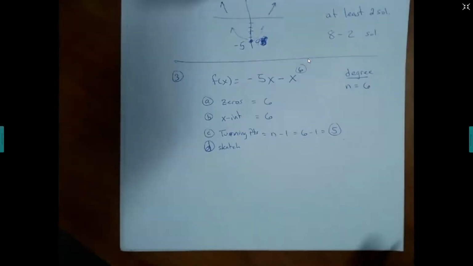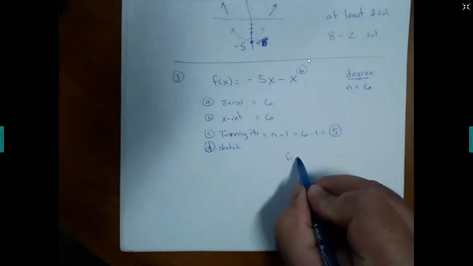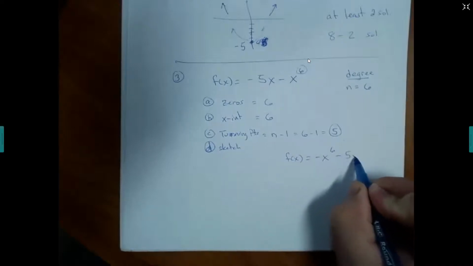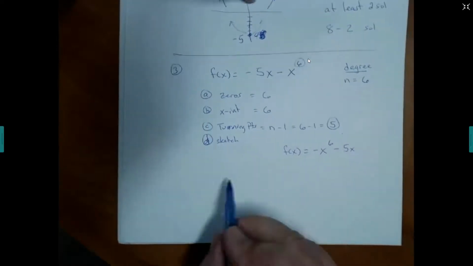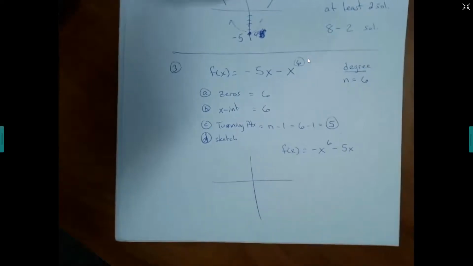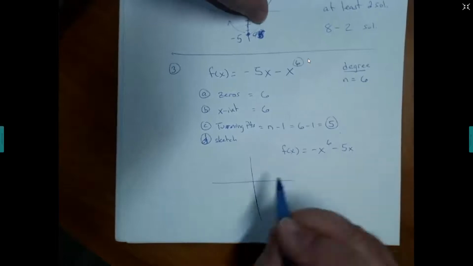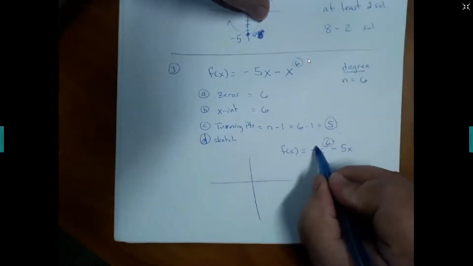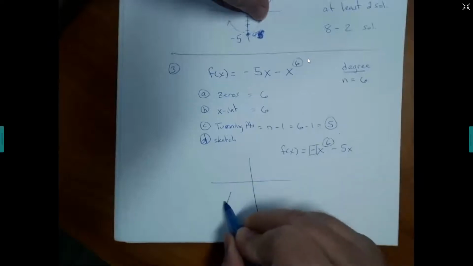So what can you tell me about this graph? If we rewrite it, very good. Since it's even, both ends point the same direction. Since it's negative, they both point down.